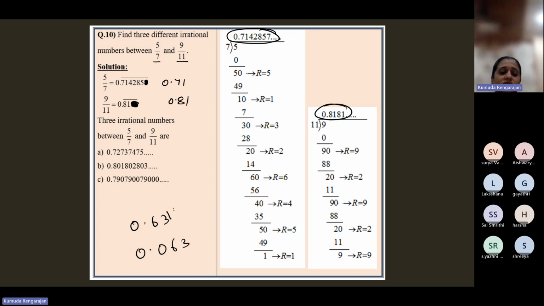If you write 631, 632, 633 and put dots after this, yes, it is an example of a non-terminating, non-repeating decimal, but it is not in this range. It's not between 5 by 7 and 9 by 11. So you're wrong. Or if you write 1 point something, this is 0.71, 0.81, so you cannot write 1 point something.